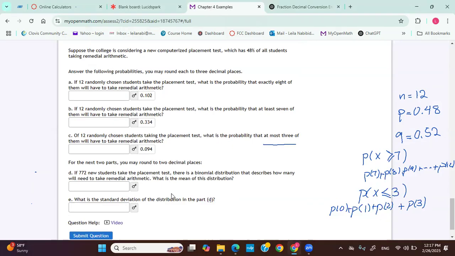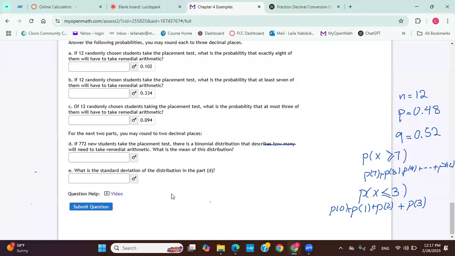In the other two parts, it says if 772 new students take the placement test. So this time the n is 772, and remember that's your n value. There's a binomial distribution that describes how many will need to take remedial arithmetic, and it asks for the mean of this distribution.